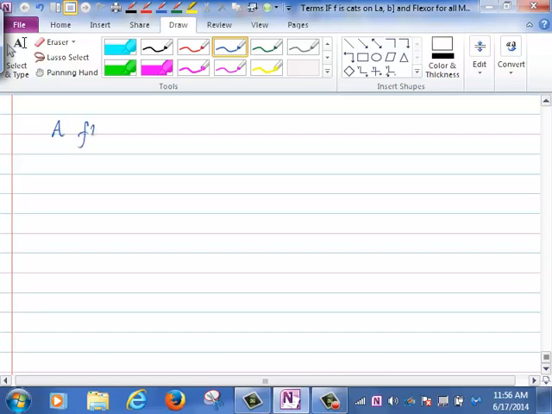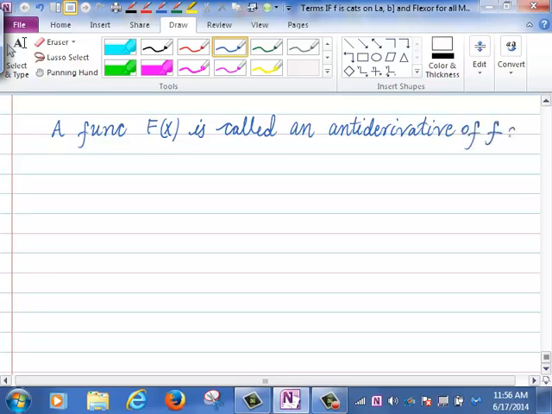A function capital F of x is called an antiderivative of lowercase f on an interval I if the derivative of capital F is equal to the lowercase f for all x inside of I.